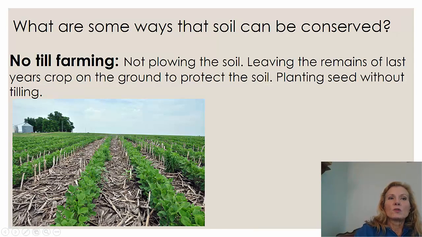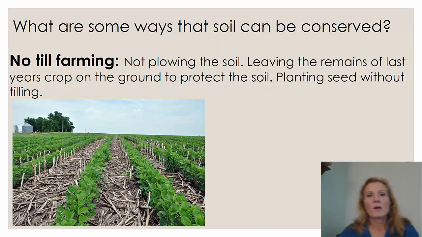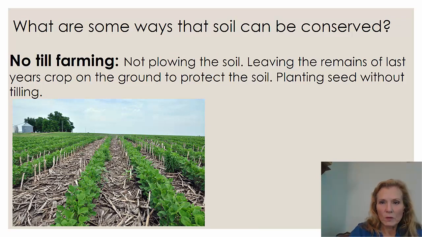Okay, so no-till farming is simply not plowing the soil. So leave the remains of last year's crop on the ground to protect the soil. So you can see they had corn here last year. See the corn stalks right here. And this is all the ground up corn stalks on the ground, and they left that on the ground. And they planted the seeds within all of those corn stalks. And what this did was protect the soil.